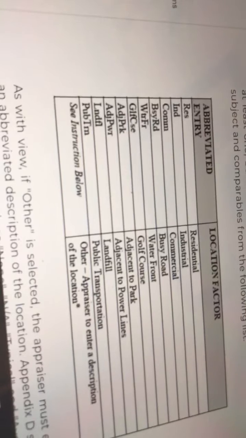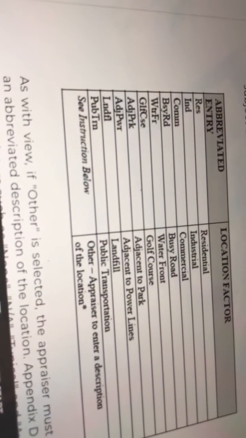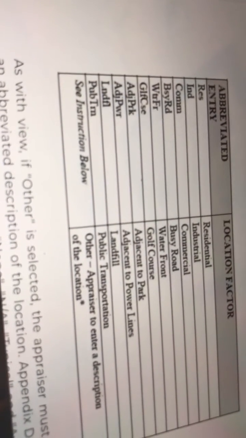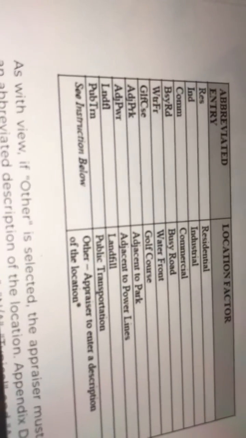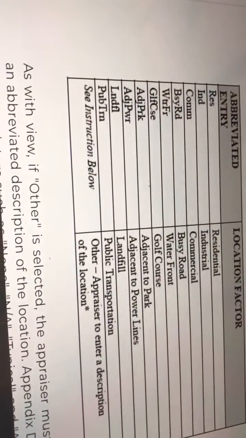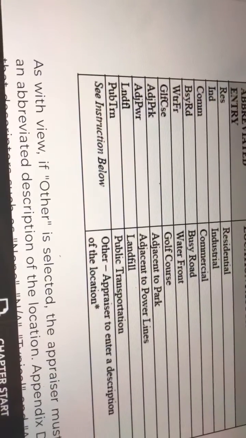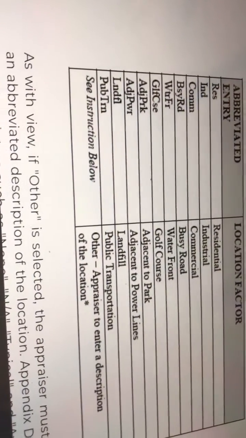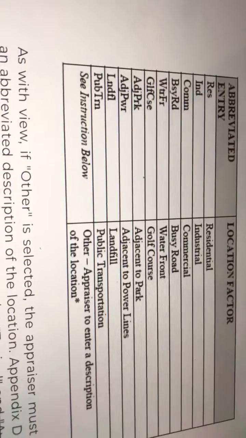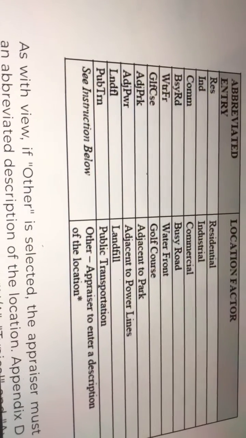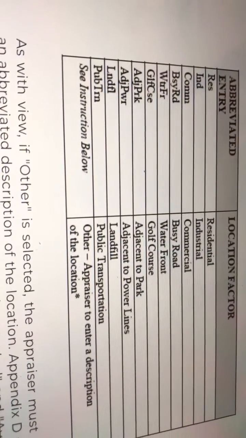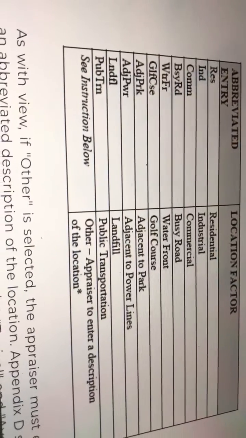Abbreviated entry, capital A, lowercase d-j, capital P, lowercase w-r. Location factor, adjacent to power lines. Abbreviated entry, capital L, lowercase n-d-f-l.